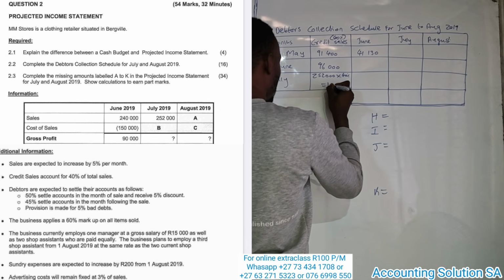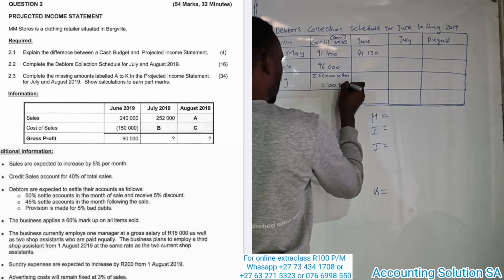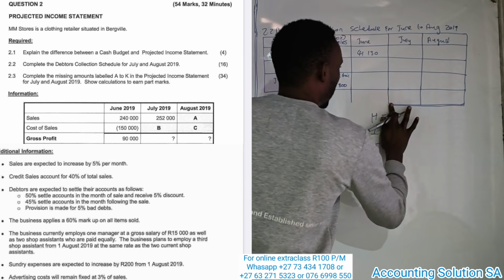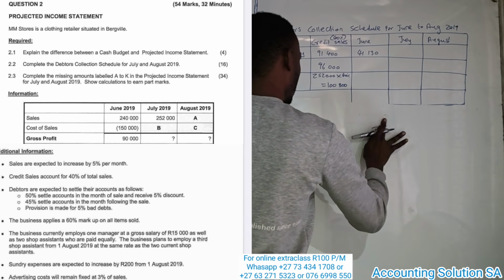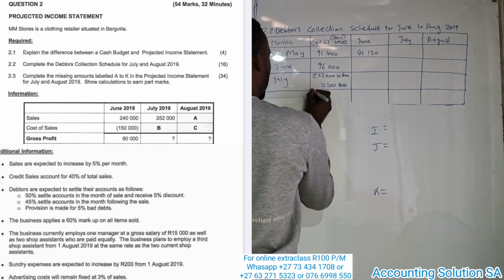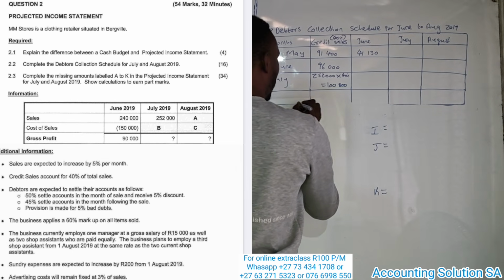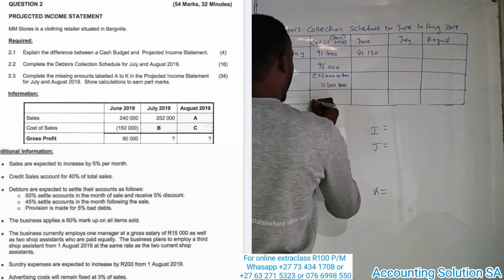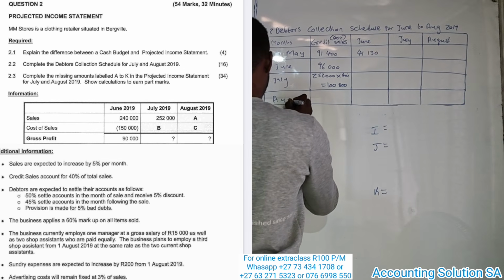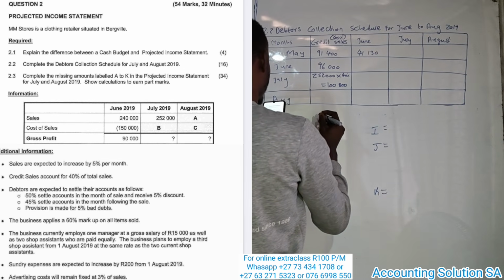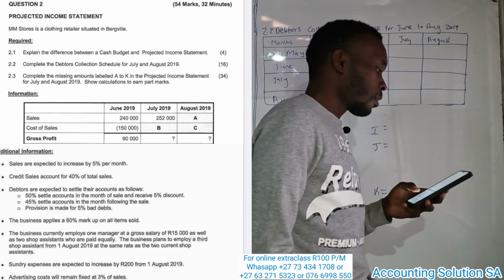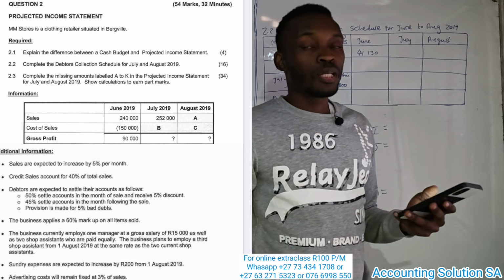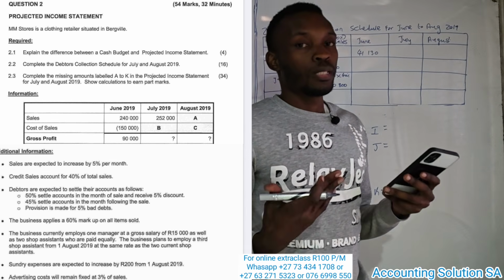100,800. Here we also have to calculate for July and August. For August, we also have to do a calculation. So if you check on our table, guys, at numbers A and C, we are not given anything that we can use to calculate our sales.